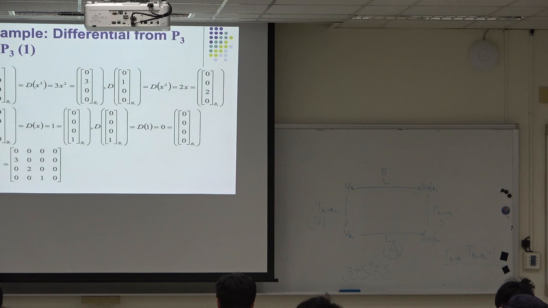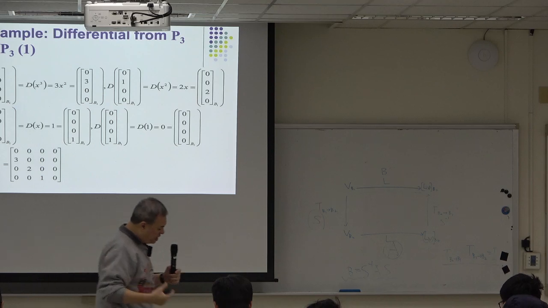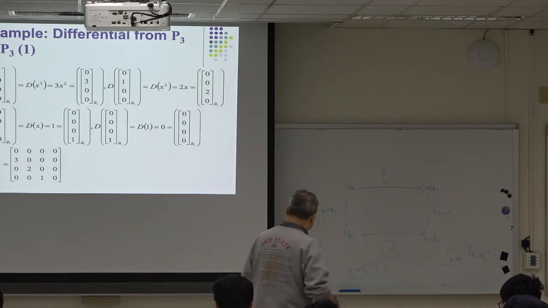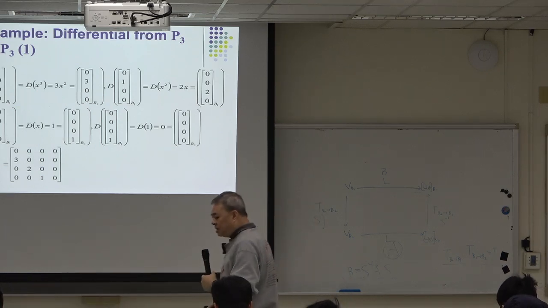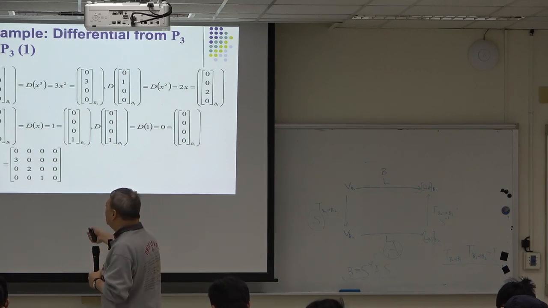The first one is when it's B1, base 1, the 1 0 0 0. So we try to apply this transformation on the first base, which is x to the power of 3. So it's a differentiation, right? 微分嘛。x 3次方微分就是 3x to the power of 2.